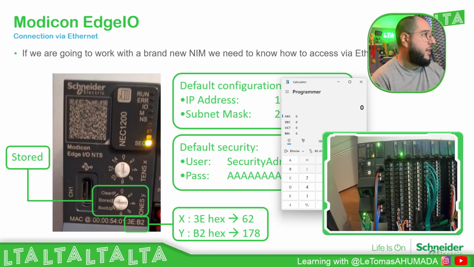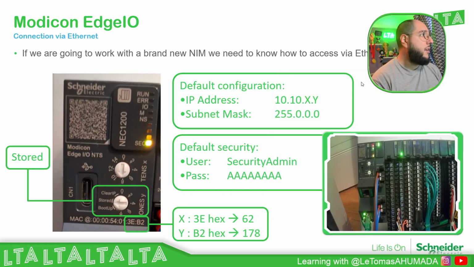In this case it's 3E, and you get the decimal value, 62. Then start again and use the B2, and you get 178. Those will be the IP address. The default IP address will be 10.10, in my case 62.178.